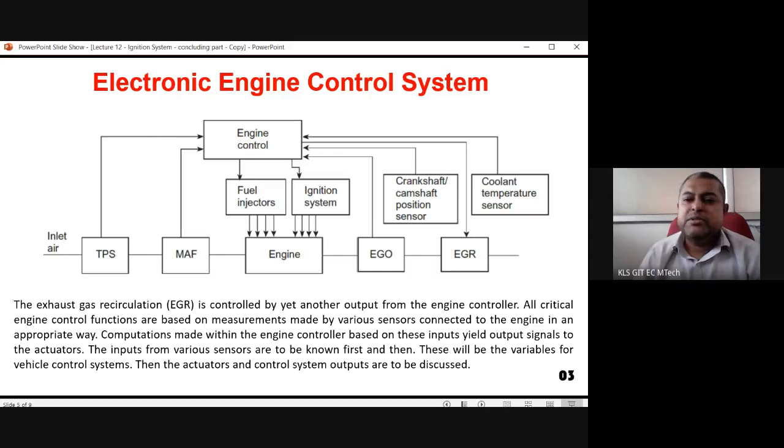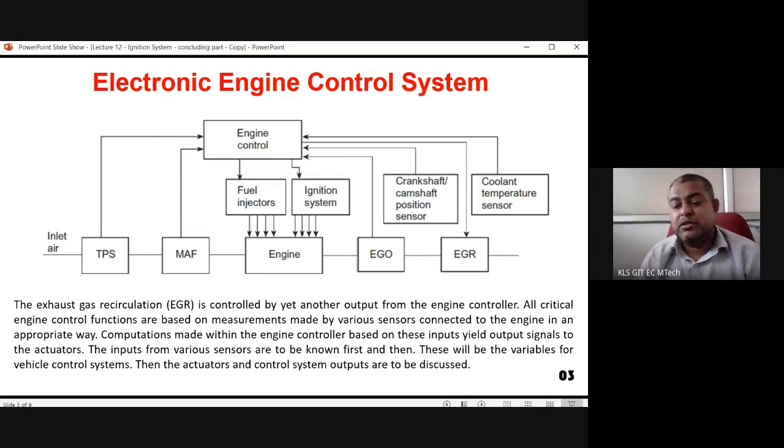Depending on the amplitudes, the engine control takes a decision, and actuators are actuated depending on the values of these 5 measurements. The inputs from various sensors are to be known first, and then these will be the variables for vehicle control.